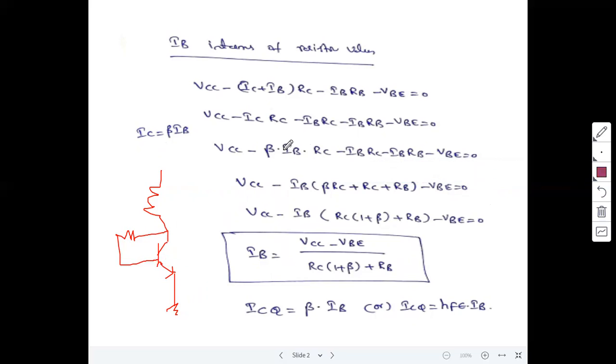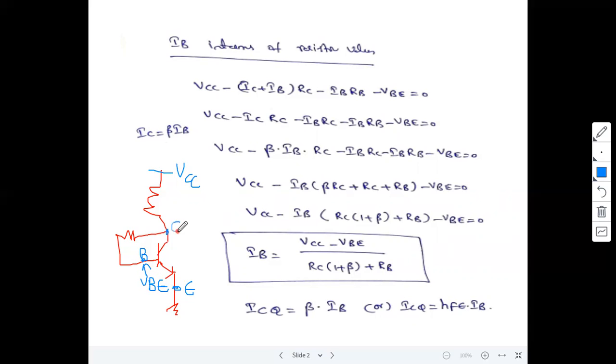Now indicate clearly the bias voltages: VCC, this is the base, and this is the emitter, and between the base and emitter is VBE, the junction voltage. Why? Because the base junction is forward biased. For silicon it is 0.7 volts.